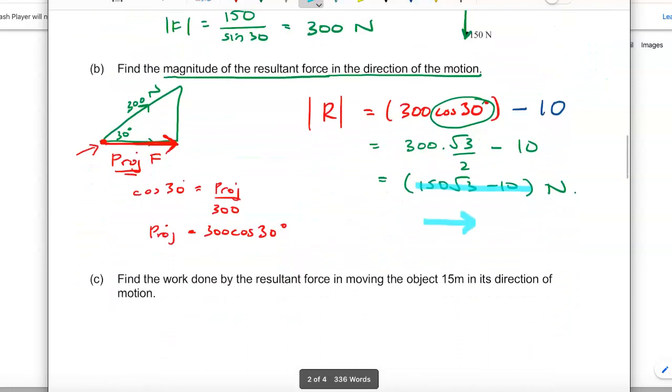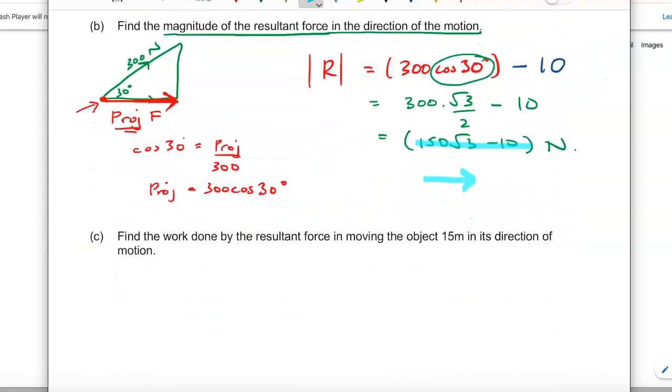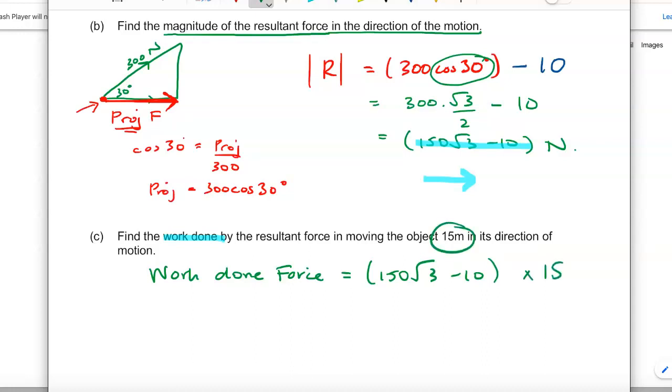So now what we want to do is actually work out the work done. What work in joules is done by this force? Well, that's just the result that is produced from the force, taking away that opposing force, in the direction of motion, and we want to move it 15 metres.